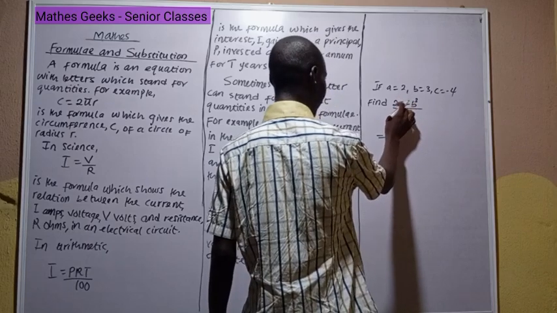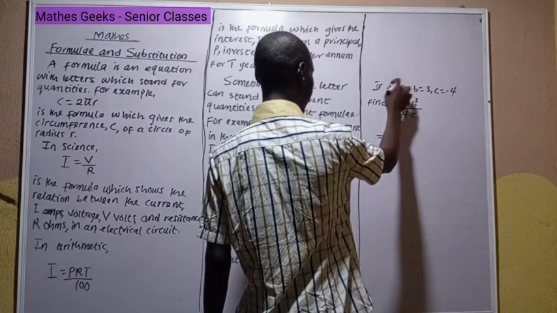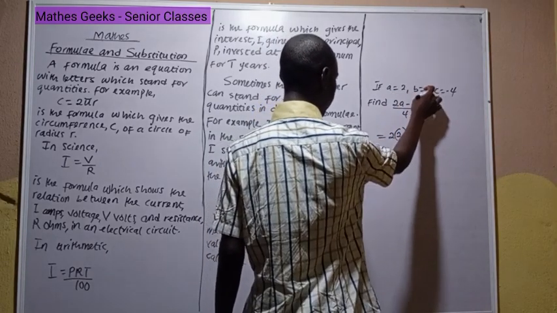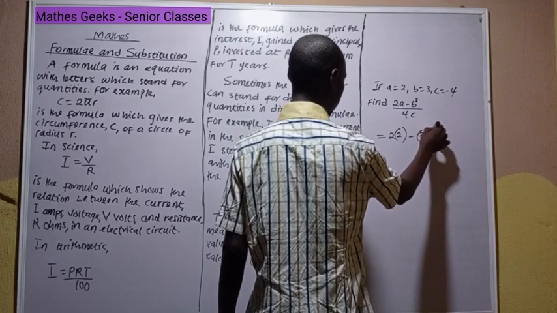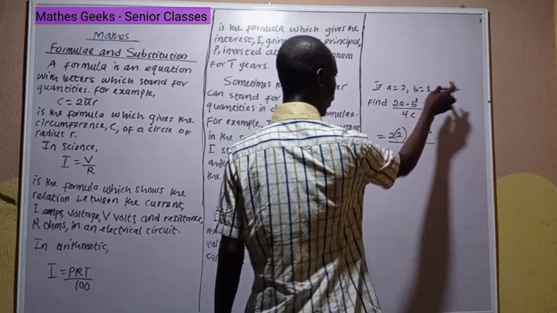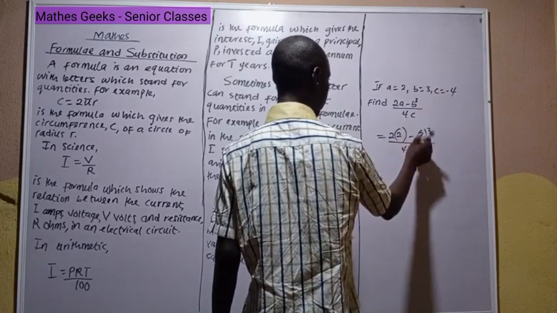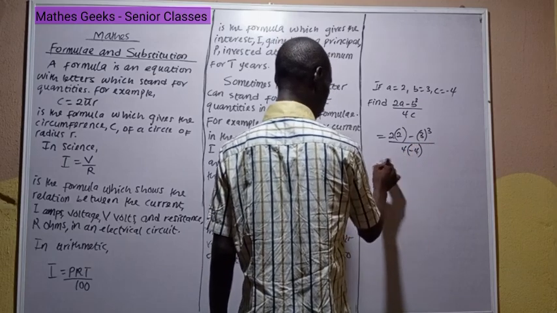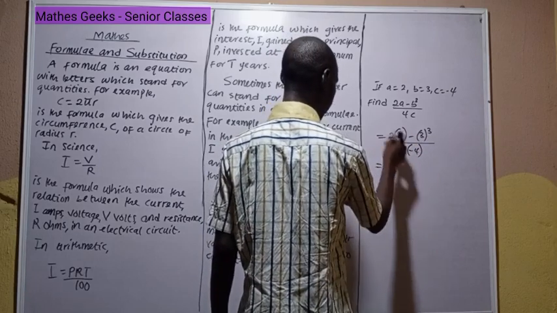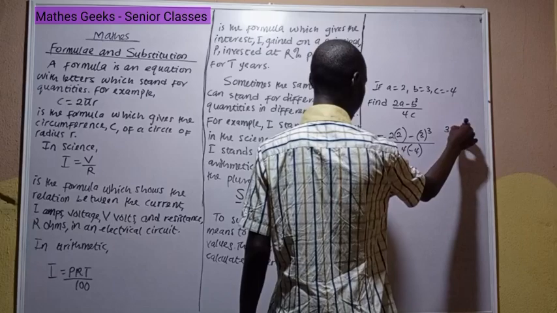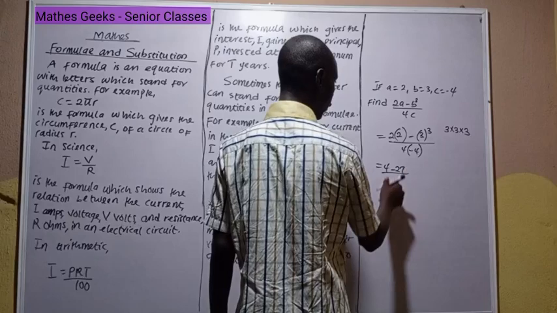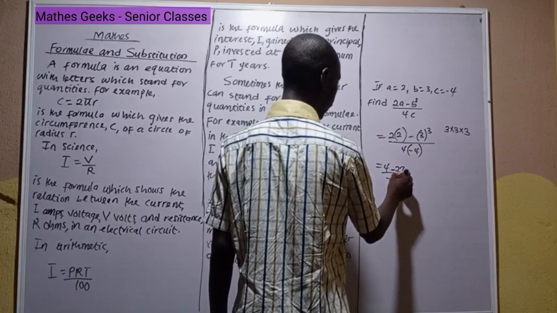So let's start with A, put the value that A is equal to. A is equal to 2, B is equal to 3, so 2 times 2 minus 3 raised to power 3 over 4 times, this bracket means times, C is equal to minus 4, so put minus 4 in place of C. So 2 times 2 is 4, minus 3 raised to power 3 is 3 times 3 times 3, which is 27, over 4 times minus 4 is minus 16.